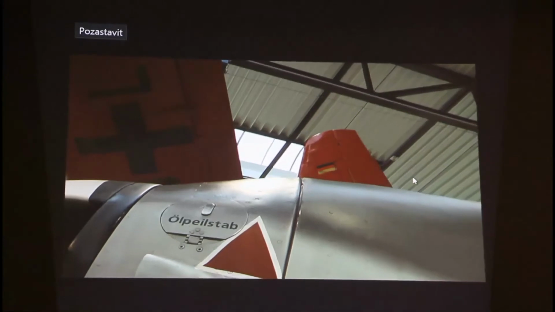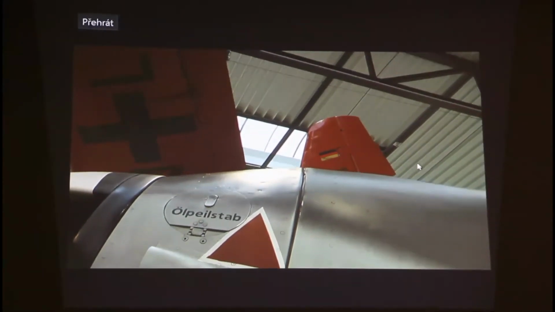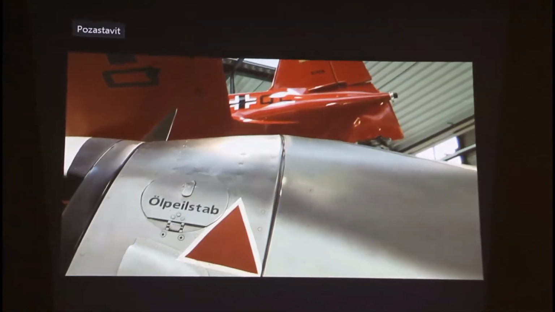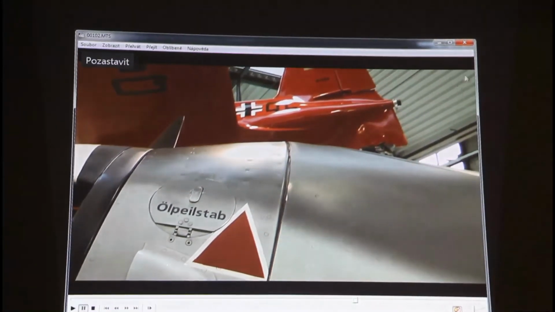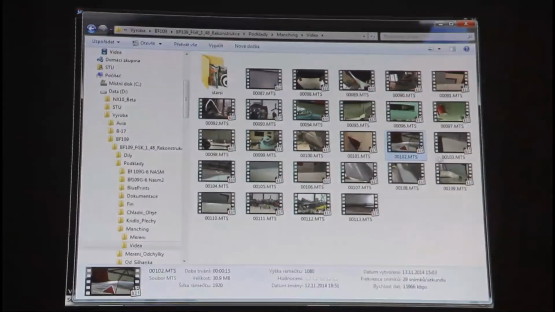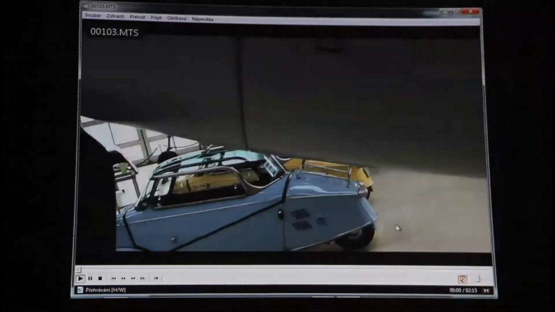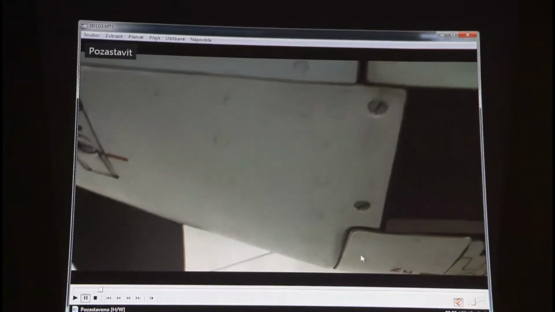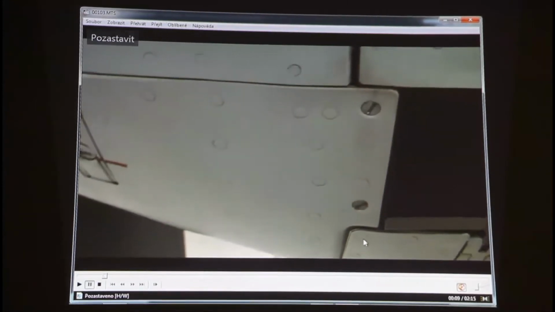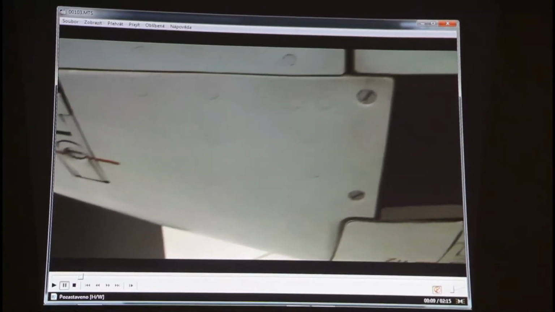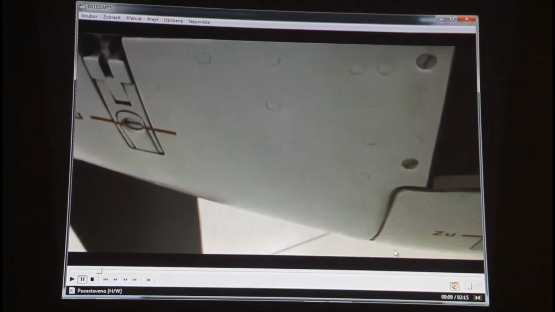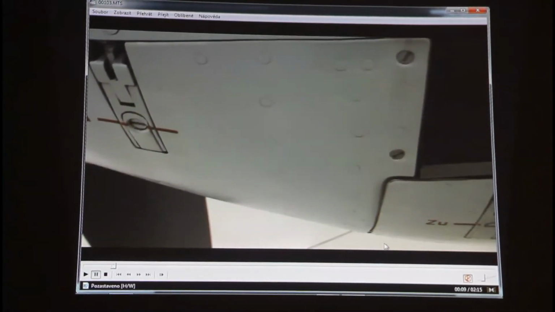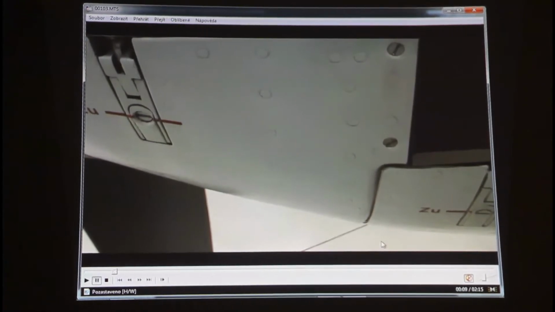The video was taken in Manching, in Germany, in the facility where the Eurofighters are assembled at this moment. They have three Messerschmitts. And we spent a lot of hours with this aircraft.